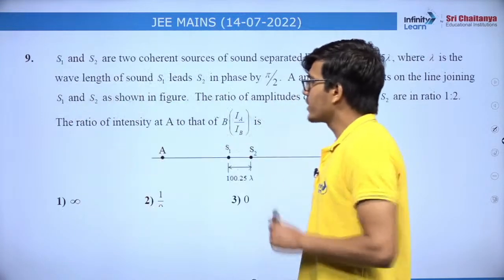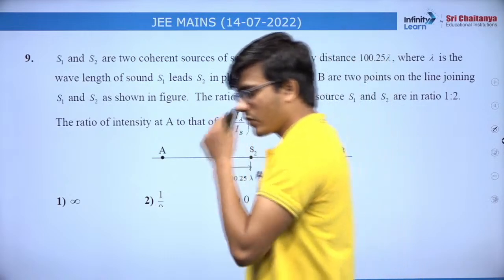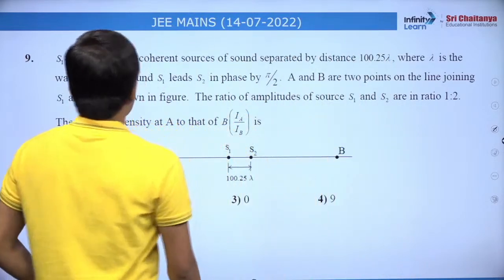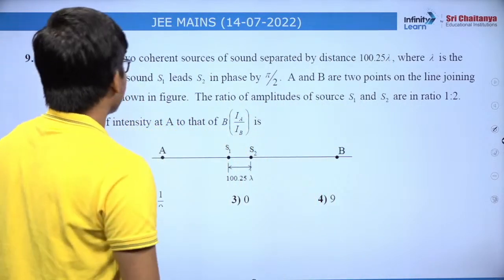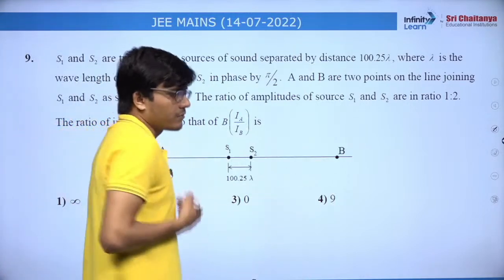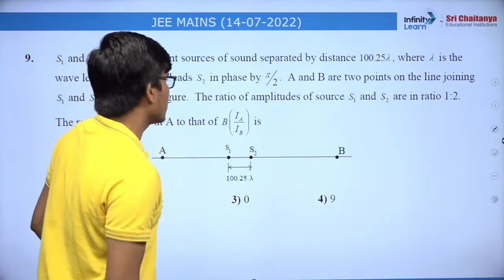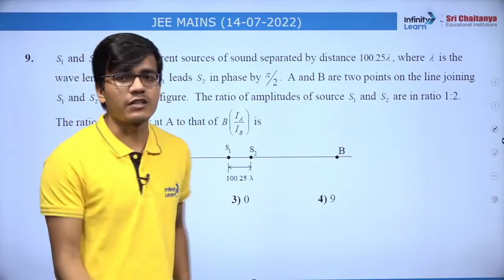Alright, moving ahead. So this is a question from wave optics, right? Sound is written in it, I think. Yeah, you can say whether it is from wave optics or from sound, but its basic concept is interference.